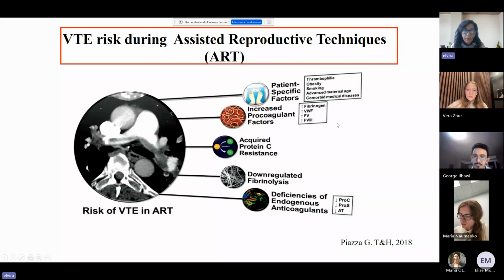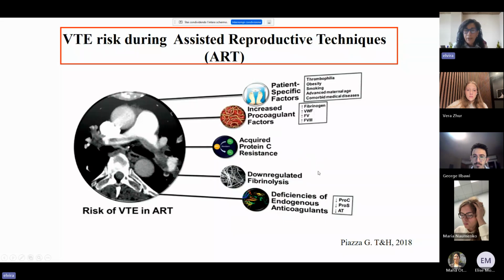Usually due to the increased procoagulant activities and to the reduction of endogenous anticoagulants, especially protein S levels, we can see very often in women undergoing this treatment an acquired protein C resistance. Again, this characterizes also pregnancy and characterizes also use of the pill.